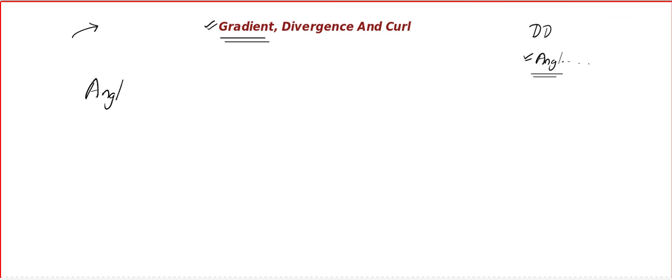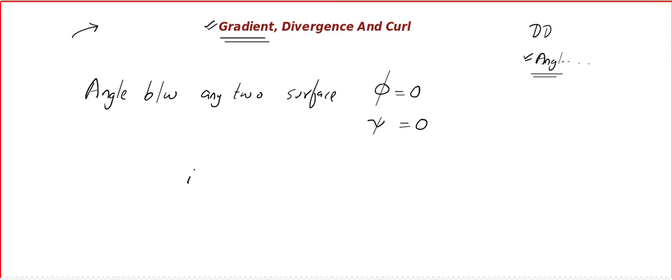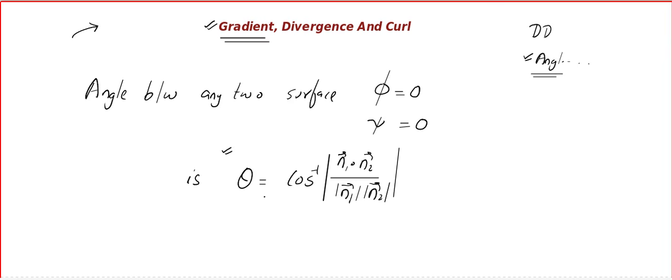You have to understand the angle between any two surfaces, let's say phi equal to 0 and psi equal to 0. It is given by cos inverse modulus of n1 dot n2 by mod n1 mod n2. Now remember, this will give you the acute angle because we are making sure that the quantity inside cos inverse is positive.